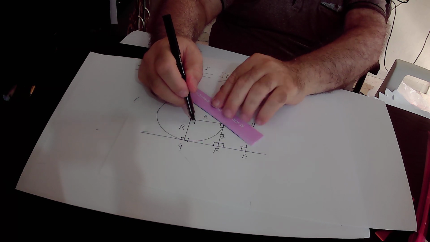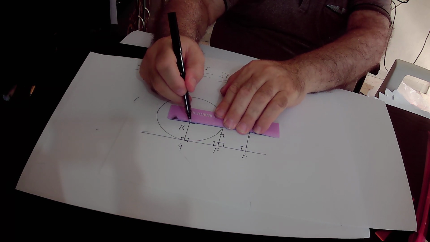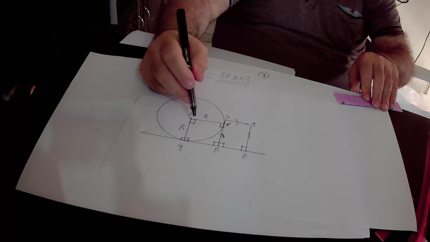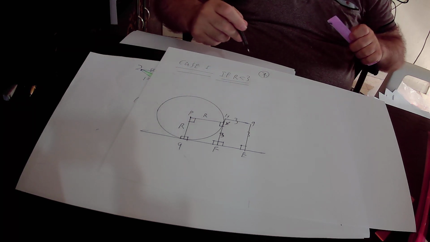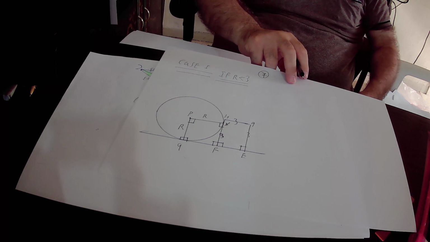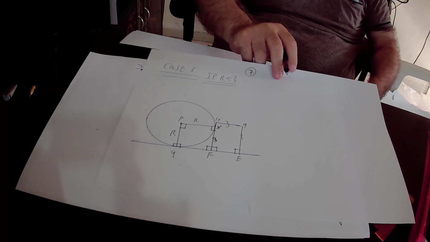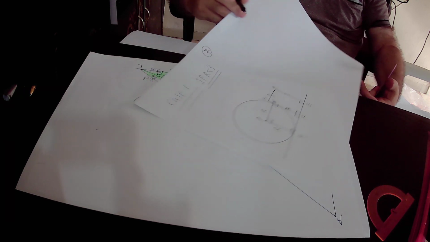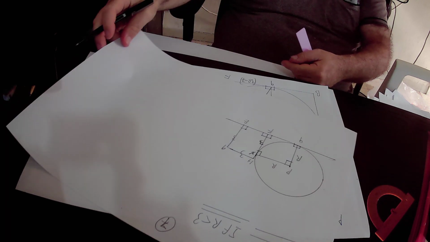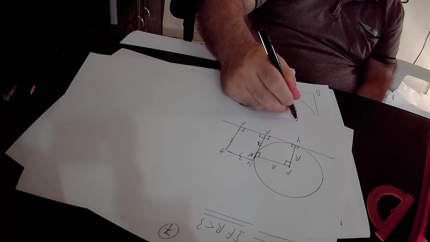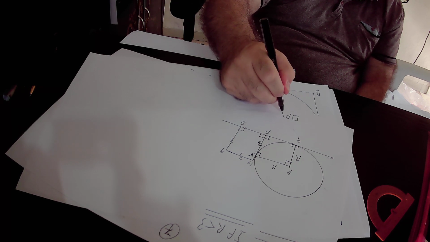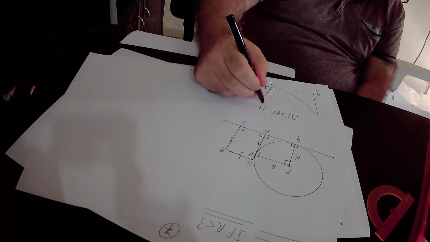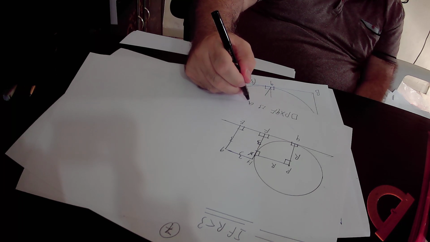So inside quadrilateral PXQF, we have 4 right angles. Therefore, quadrilateral PXQF is a rectangle. Why? Because it has 4 right angles.